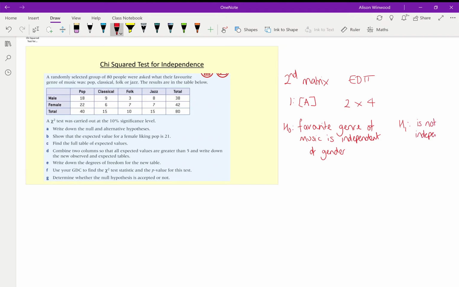And that's always the case for chi-squared tests for independence. It's just is versus isn't.